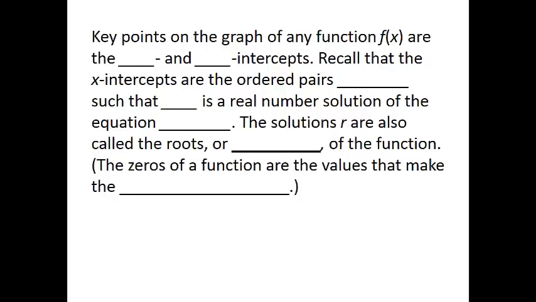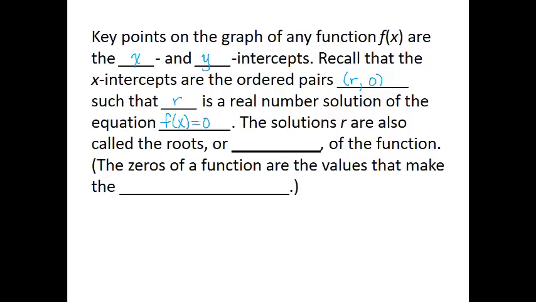We know that key points on the graph of any function are the x and y intercepts. Recall that the x-intercepts are ordered pairs (r, 0) such that r is a real number solution of the equation f of x equals 0.